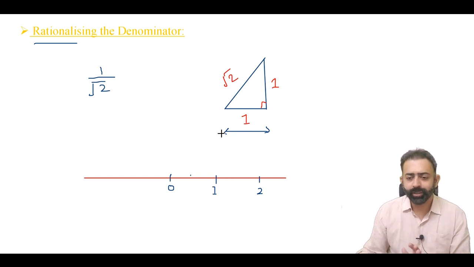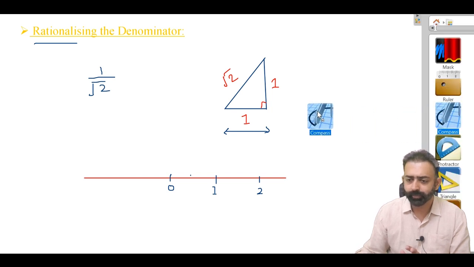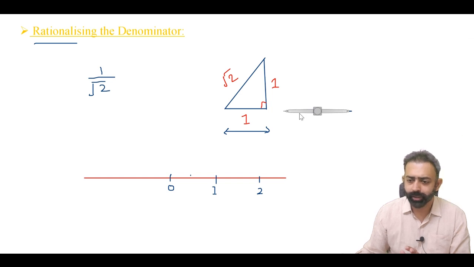Right, now what I do is I pick up my compass. This is my compass, and I measure its length. Whose length? This root 2 length, which is the hypotenuse. This much I am getting.